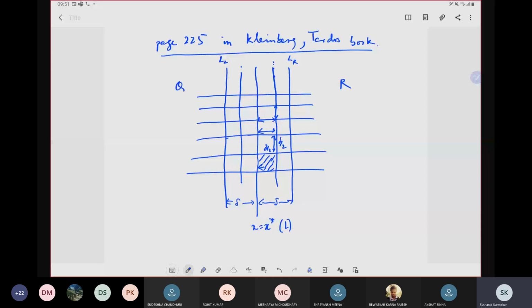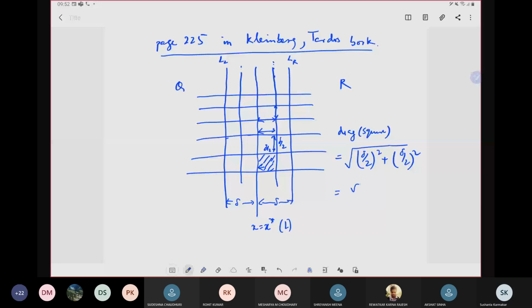The diagonal of a square is the square root of delta by 2 squared plus delta by 2 squared. That turns out to be square root of 2 into delta by 2.